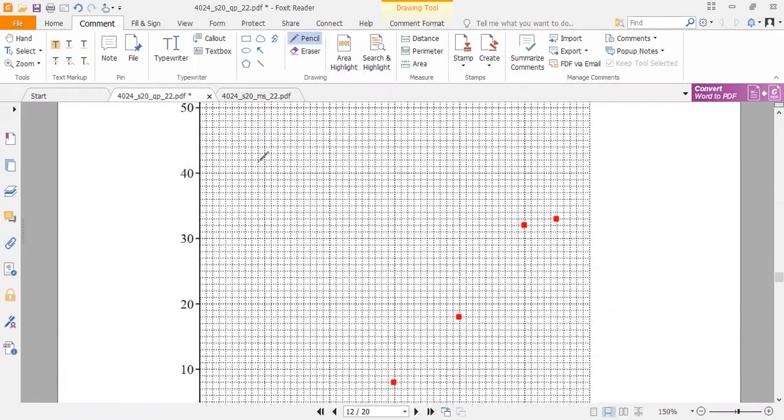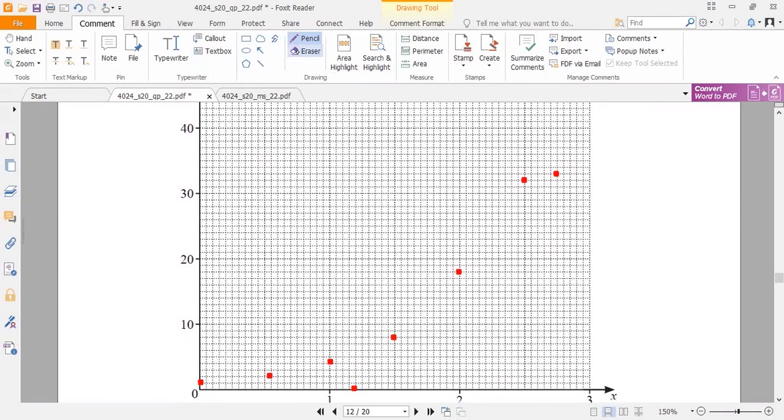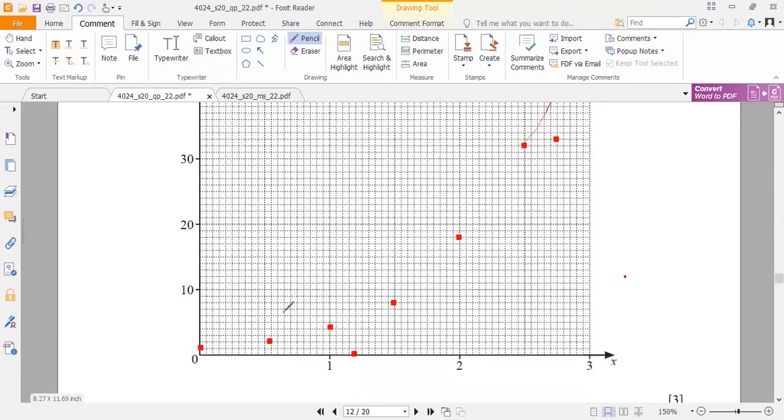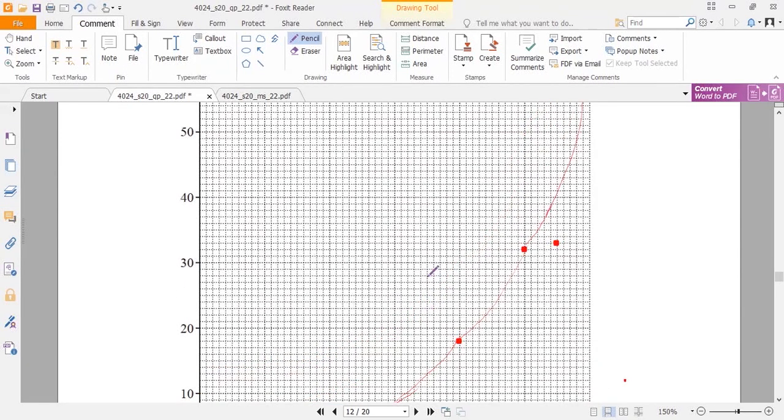These points I had already plotted, so firstly we need to join these points. Okay, so this is how we have just completed our curve.